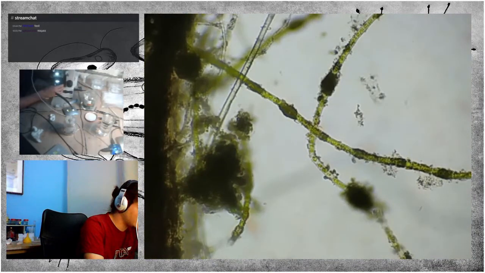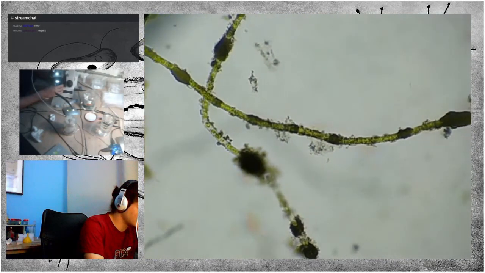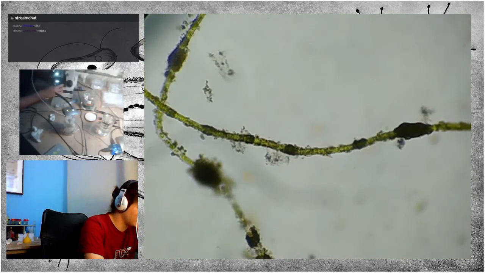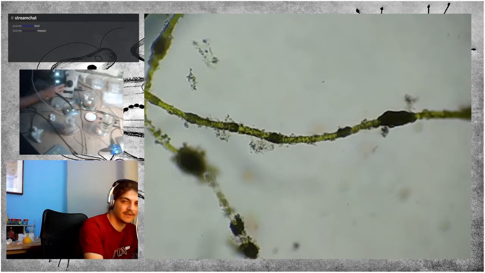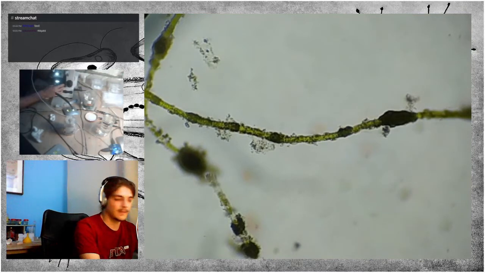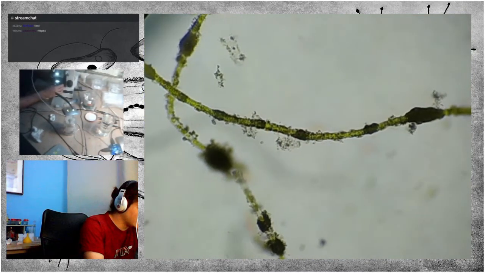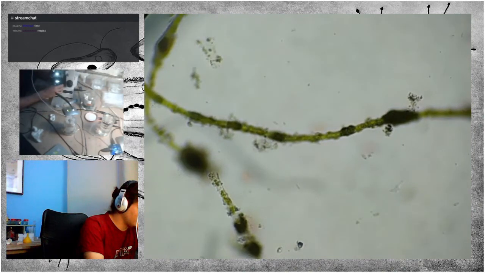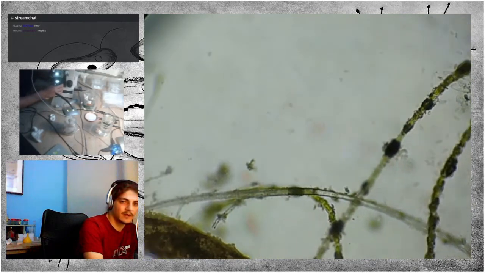I think there are a few diatoms attached on the filamentous algae, on the string here in the middle of the screen. You can see them. And there are a few microbes running around.